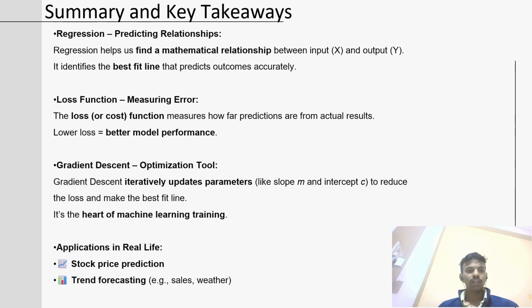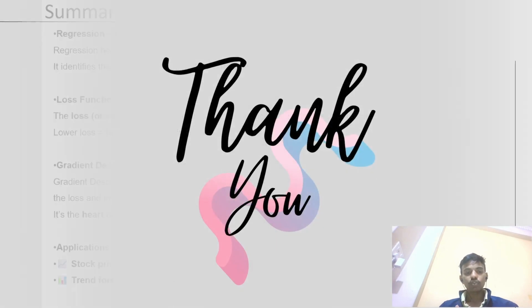After that, we saw gradient descent, which is an optimizing tool that iteratively updates the parameters, which reduces loss and makes it the best fit line. It is very important for machine learning training. The main applications are in the stock market, price prediction, or trend forecasting, like sales or weather or anything regarding geography.